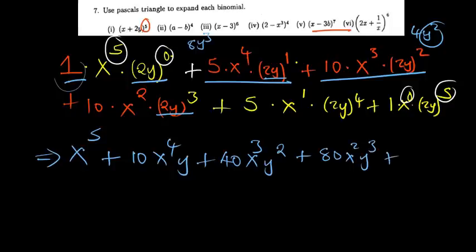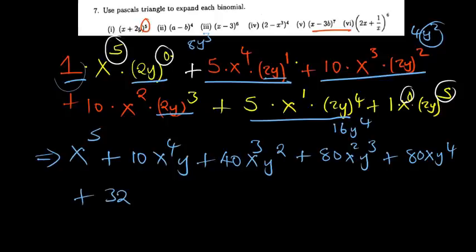And then 2y to the power 4 is going to be like 16. Y to the power 4. 16 times 5 is 80. So we have 80x y to the power 4. And then plus the last one, which is 2y to the power 5. 2y to the power 5 is like 32. Y to the power 5.